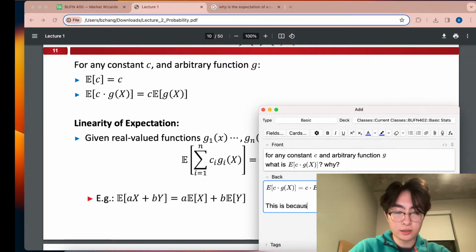This is because of the fact that the expectation of a constant is equal to the constant.